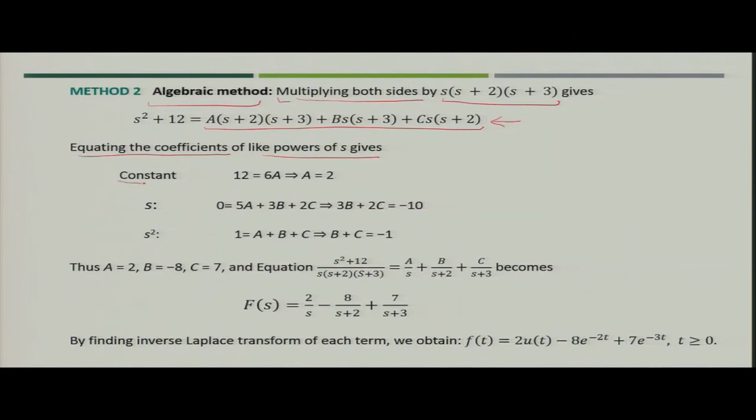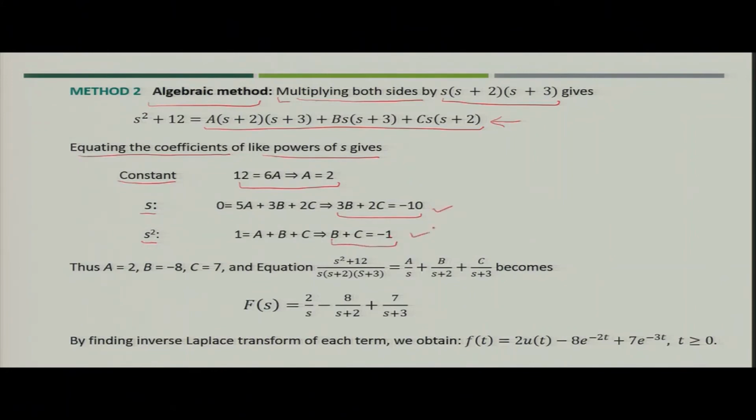So, for constant terms, if you equate only the constant terms, you will simply get the value of A, that is equal to 2. When you equate only the terms having s, you will get the equation 3B plus 2C is equal to minus 10, and when you equate the terms of s square, you will get another equation, that is B plus C is equal to minus 1.